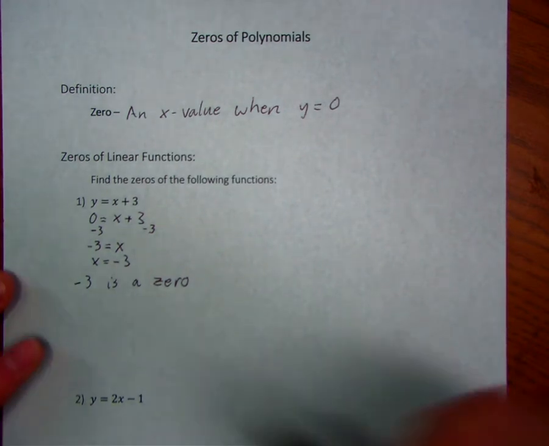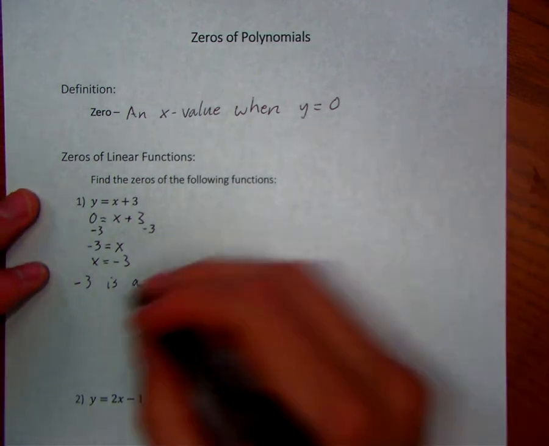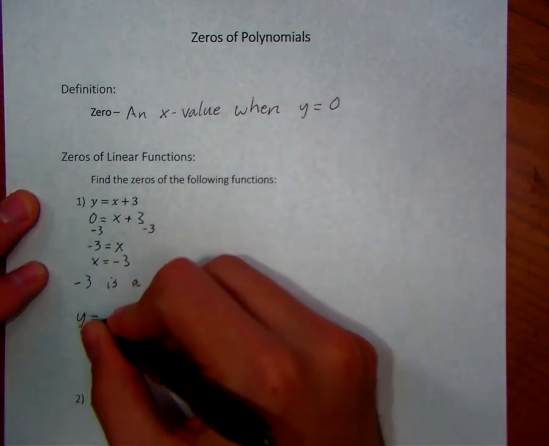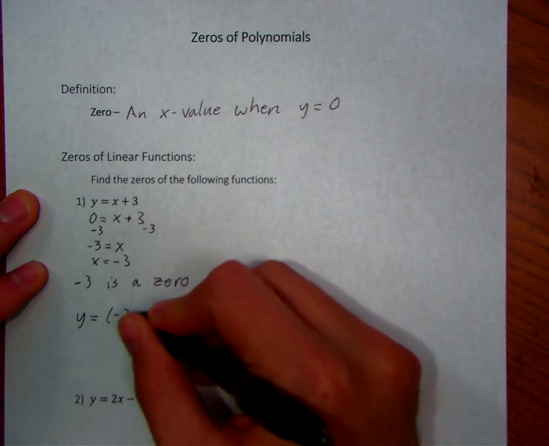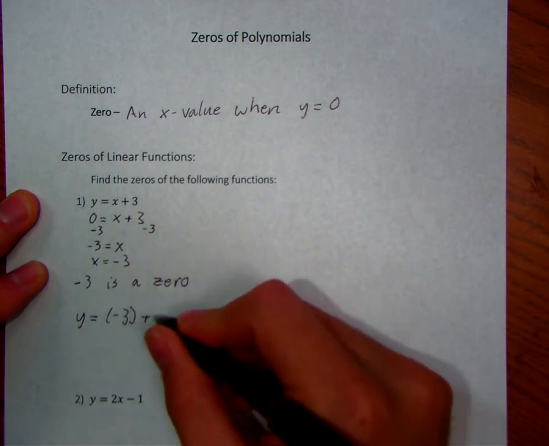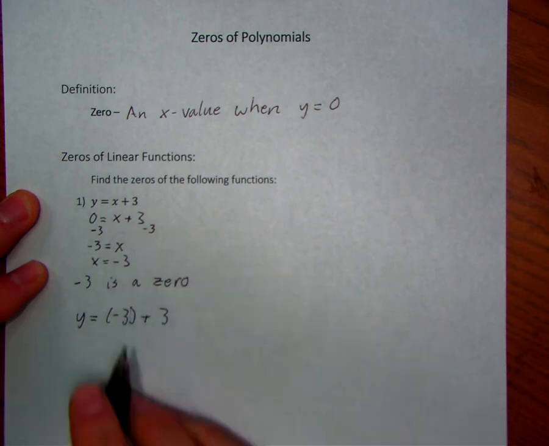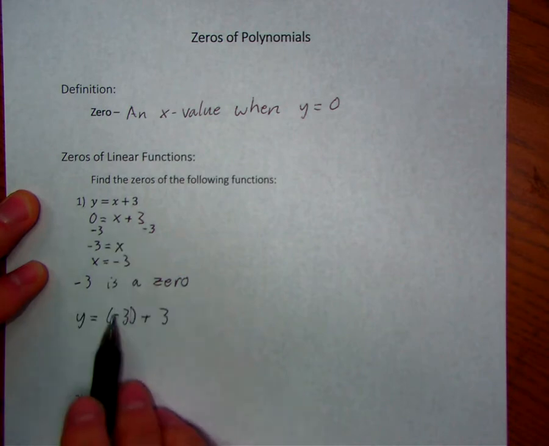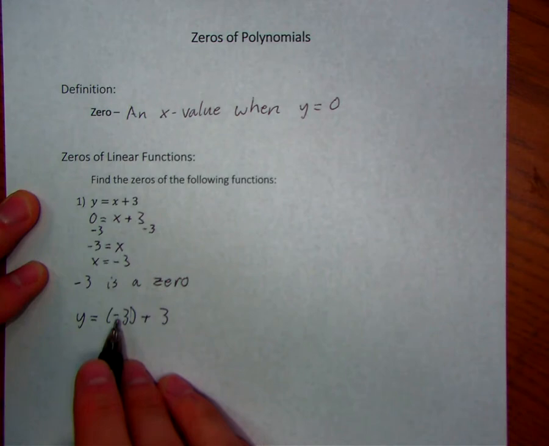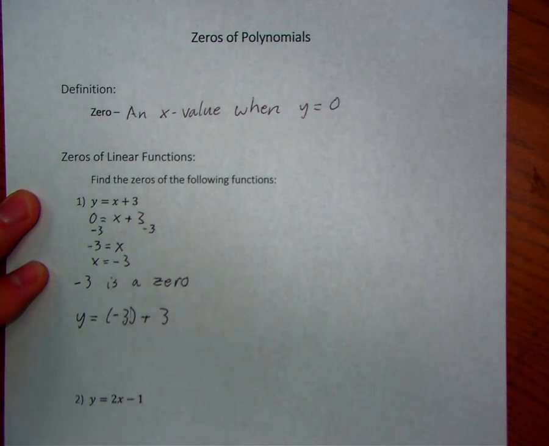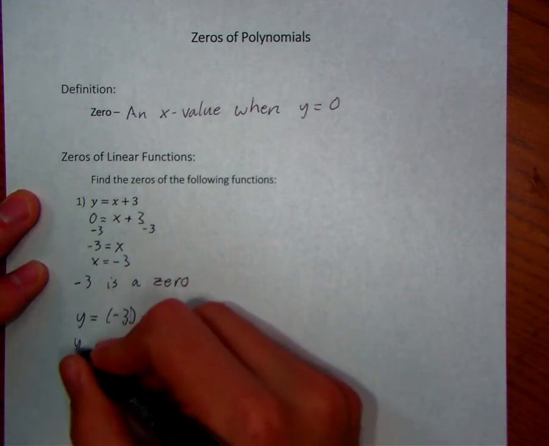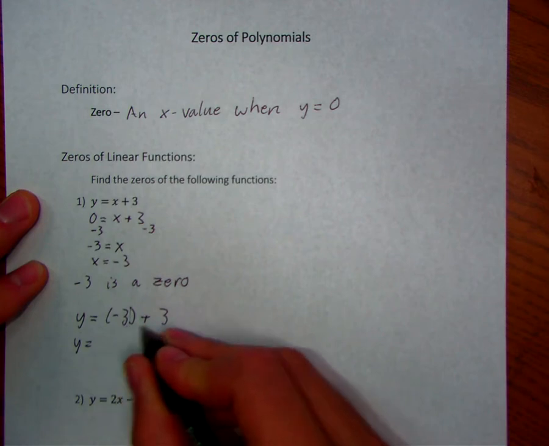If I put negative 3 in for x, do you see how negative 3 has replaced where my x was in the equation? If I do that, does that make y equal 0? Well, I've got negative 3 plus 3.